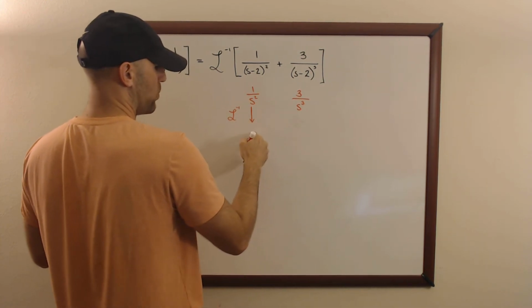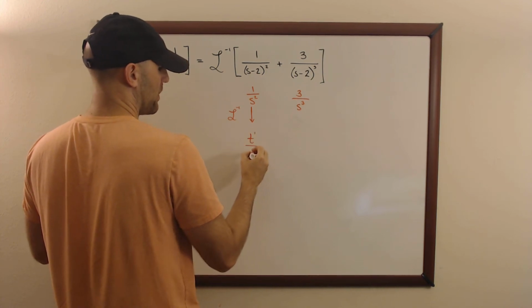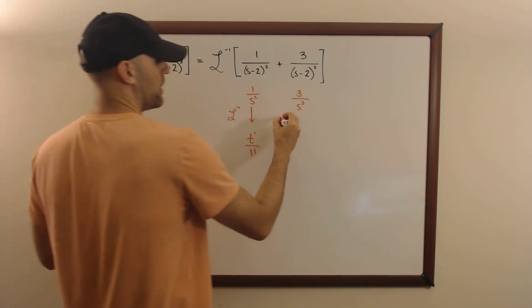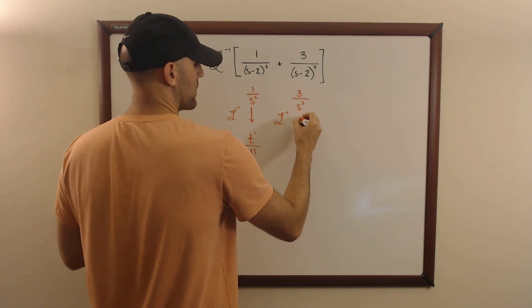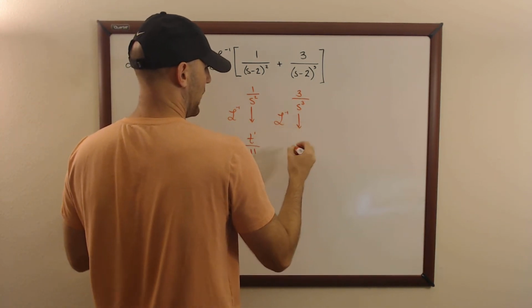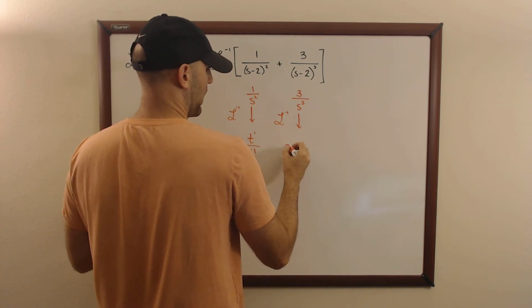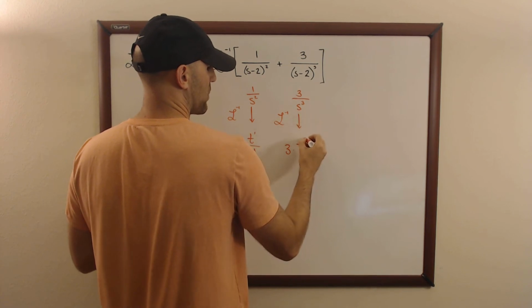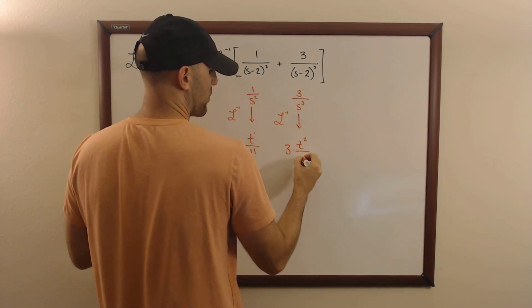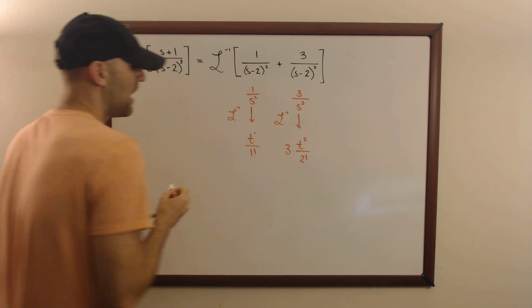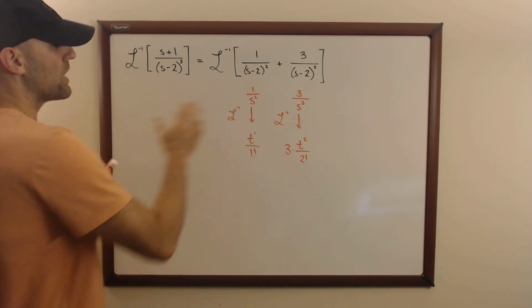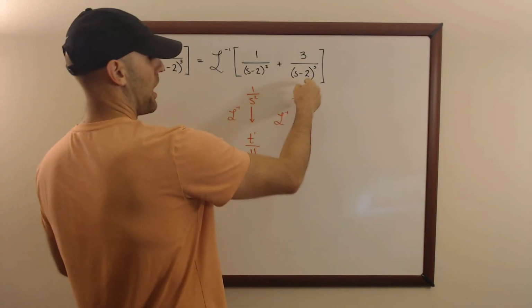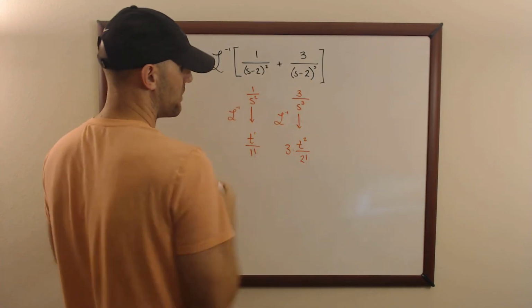So 2 minus 1 is 1, divided by 1 factorial. And then this one, if I untranslate this, this would be 3 times t to the n minus 1. So 3 minus 1, that's t squared, divided by 2 factorial. And so I see here that, just untranslating 1 over s squared, this is just t. And untranslating 3 over s cubed, I get 3 halves t squared.